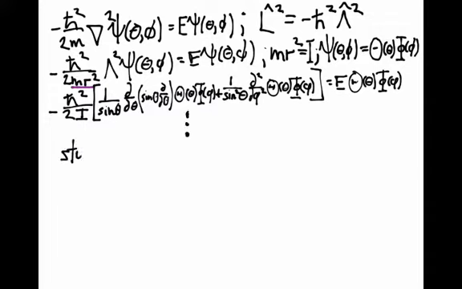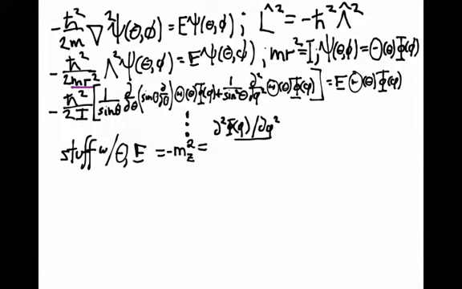But basically, after a lot of work, I can push and pull and divide and move things, and I get an expression on the left-hand side that is a bunch of stuff which is a function of the variable theta and the energy. And that's equal to an expression that looks like the curviness of this function big phi: the second partial derivative, d squared of big phi over d phi squared, divided by the function big phi.